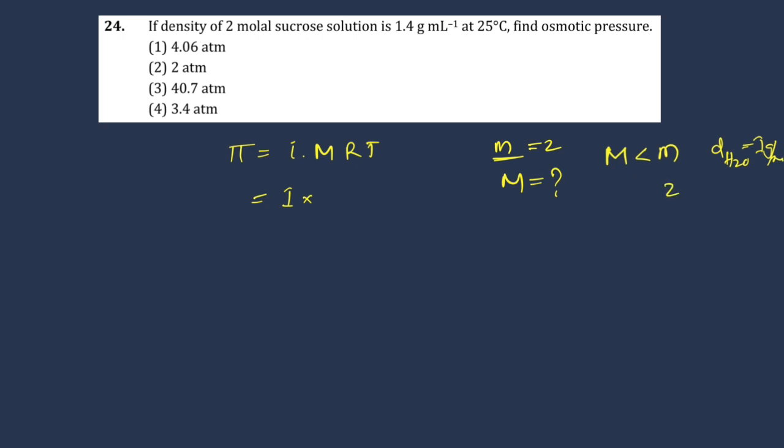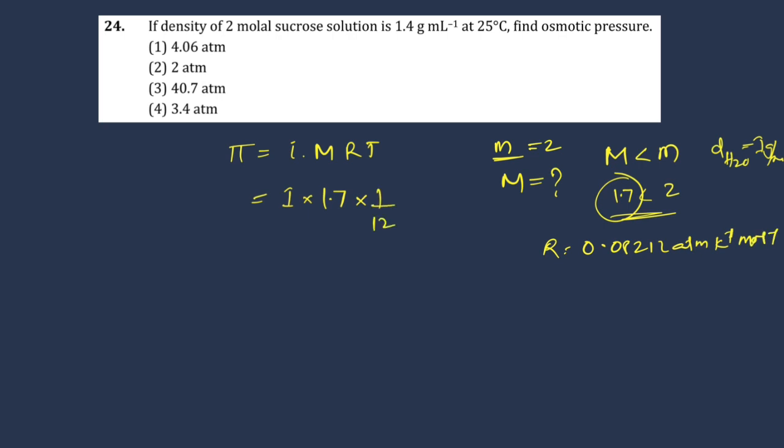Here 2 m given, you can consider 1.7 or 1.8 or 1.6 also, no problem. So now molarity little lesser than the molality. That value I am using here 1.7 molarity, and R value is 0.0821 liter atmosphere Kelvin inverse and mole inverse. Unit you have to put, then you will get the correct option.